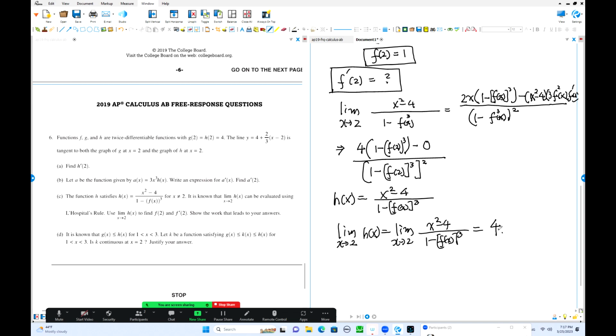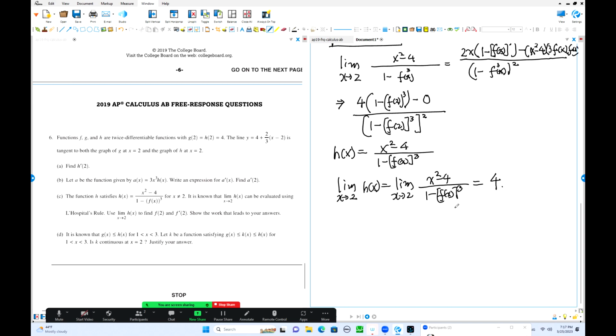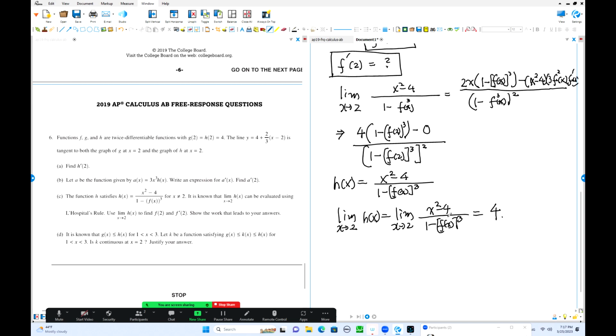H of 2 is continuous over here, so as it gets close to 4, this limit value is 4. This is a little hard to understand, but that's fine. H of x is given by the limit already, 4 over here. Now we can find the value of f prime 2. Actually, oops, there is no h prime 2 there, we delete it. There must be f prime 2. Let me check.